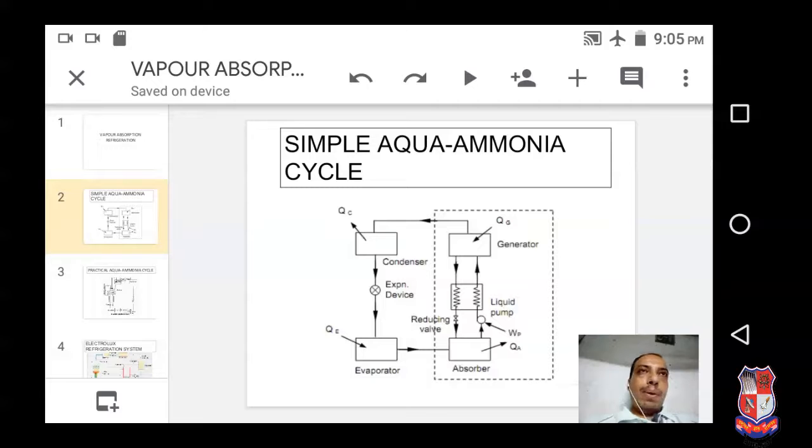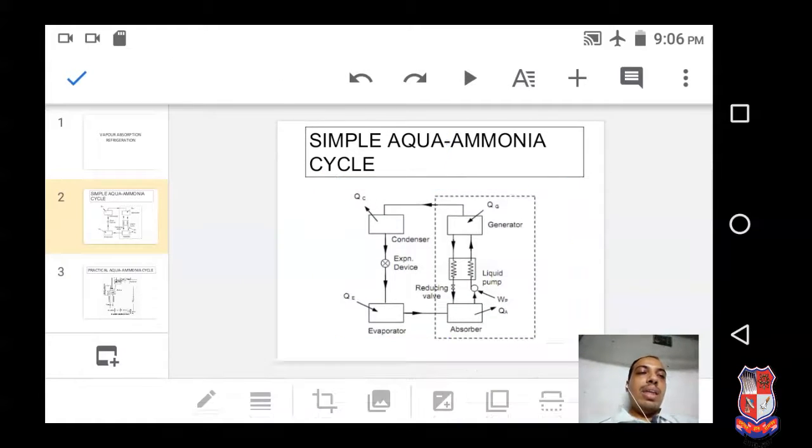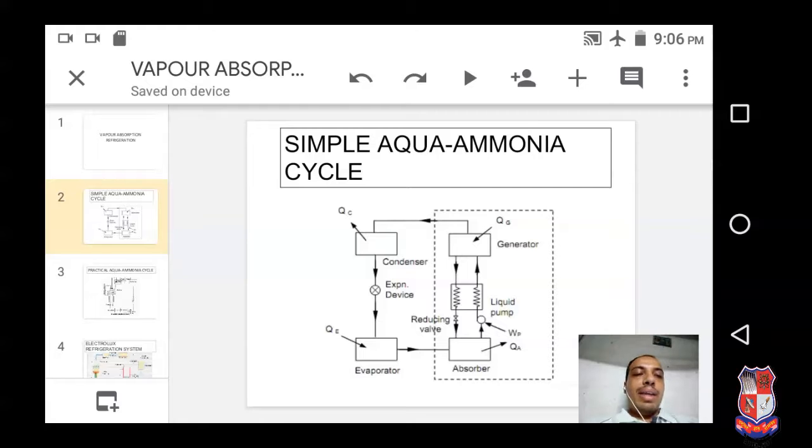We already discussed the 4 main components of the vapor compression refrigeration system. Out of these 4 components, the left hand side 3 components are the same: condenser, expansion valve and evaporator. The right hand side dotted line box indicates the additional mechanism known as the absorber generator mechanism, which replaces the compressor of the vapor compression refrigeration cycle.